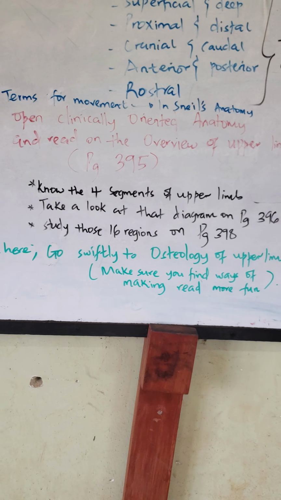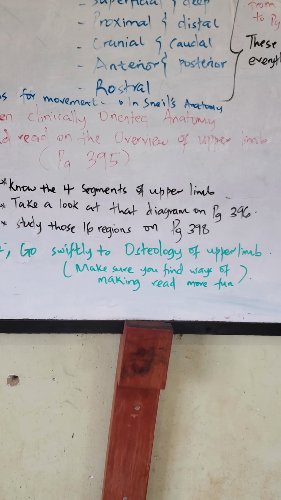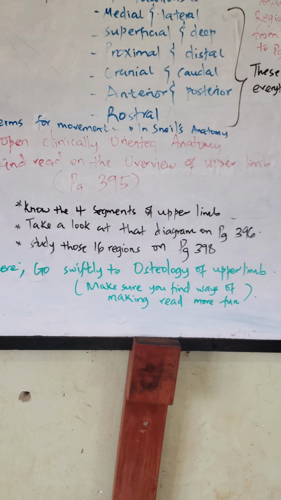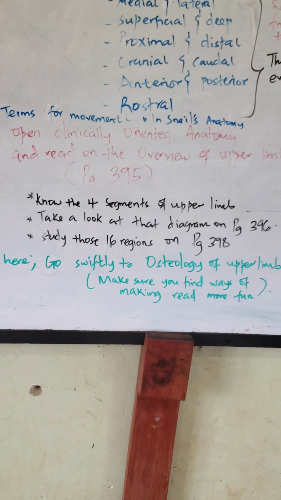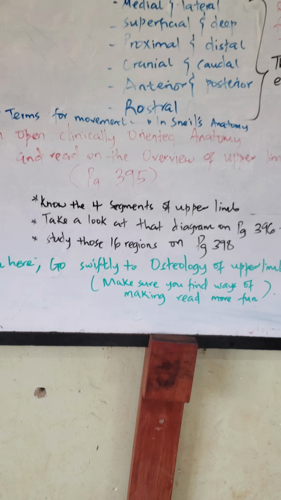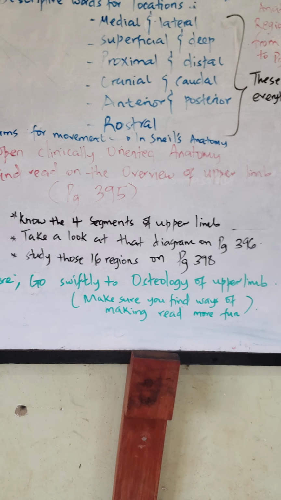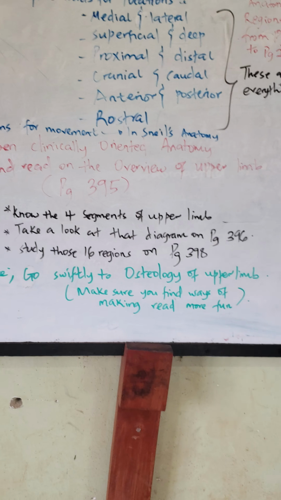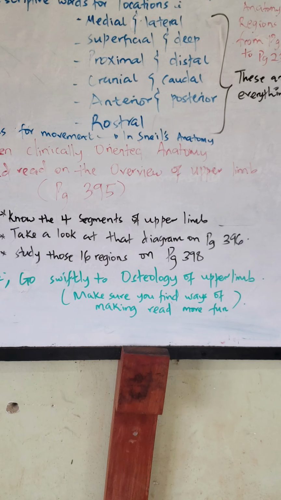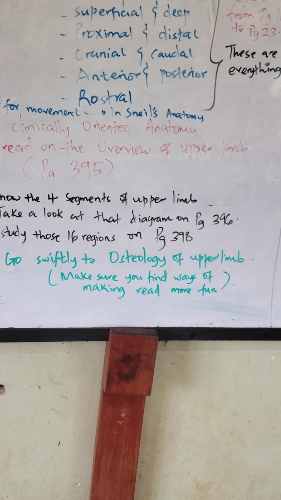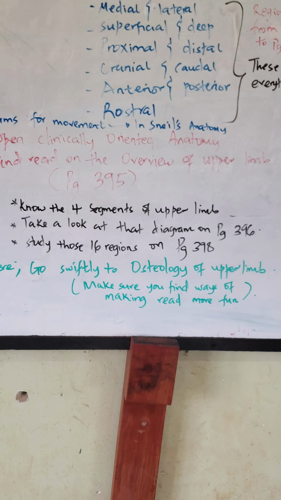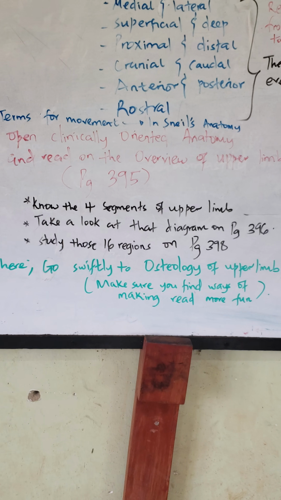And then also take a look at the diagram on page 398. See how these segments are further divided into regions. You will take a look at the clavipectoral, the scapular, pectoral girdle, the hand, the wrist, dorsum of the hand. All those regions are on that diagram.